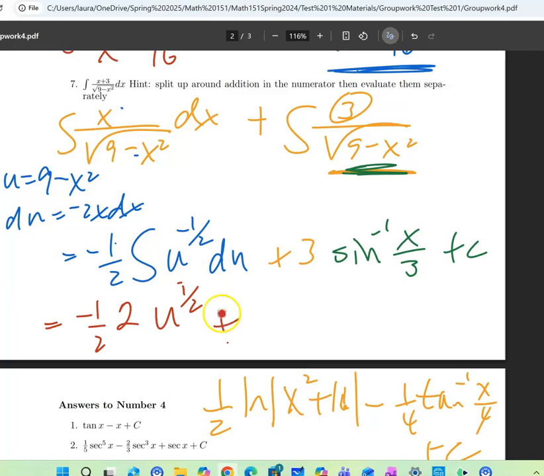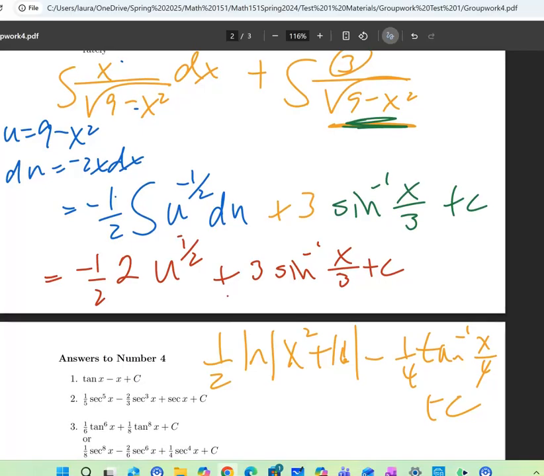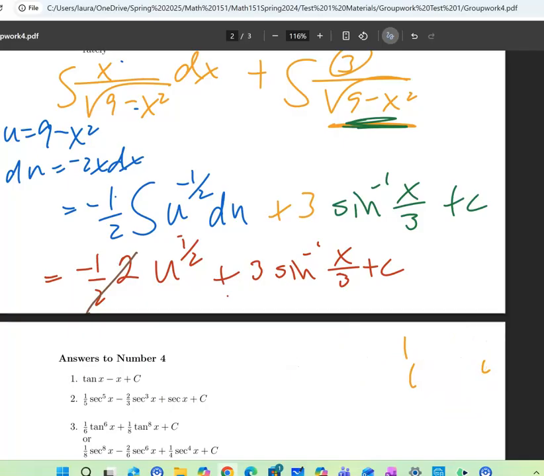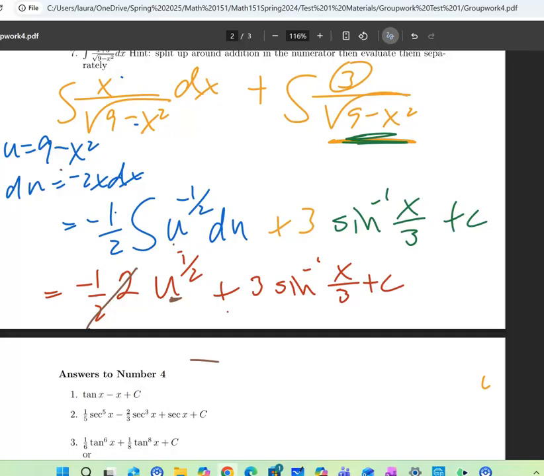Plus this 3 inverse sine of x over 3 plus c. So these 2's will cancel. And so then what I end up getting is just a negative root of the 9 minus x squared, and then plus the 3 inverse sine of x over 3 plus c.